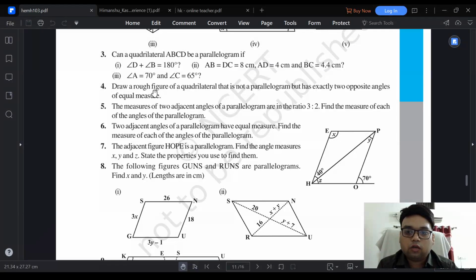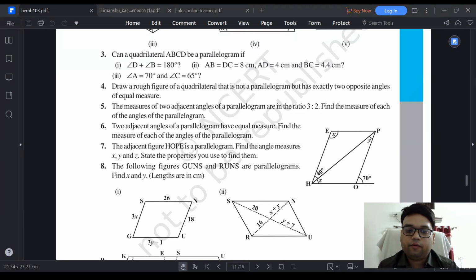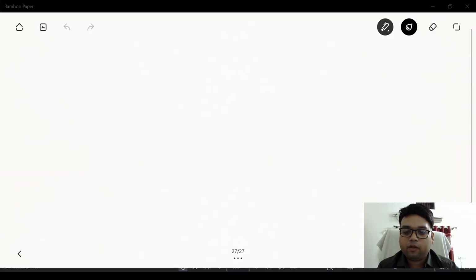Now moving to question number 4: draw a figure of a quadrilateral that is not a parallelogram but has exactly two opposite angles of equal measure. Imagine which type of figure will be obtained using the terms given in the question.